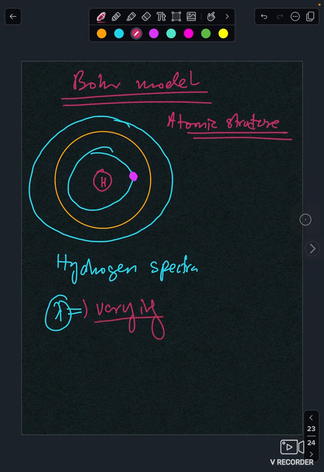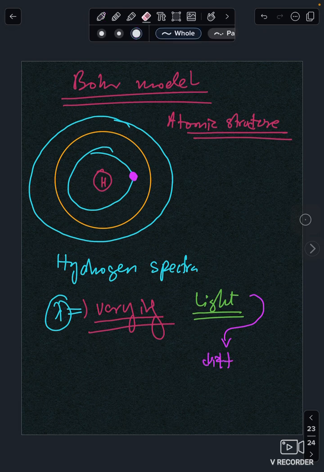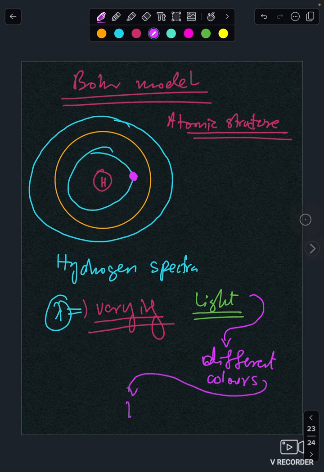If the emitted light is passed, then of course we also know that light is of different colors, and those colors are related to the lambda of light because it is of 7 colors.